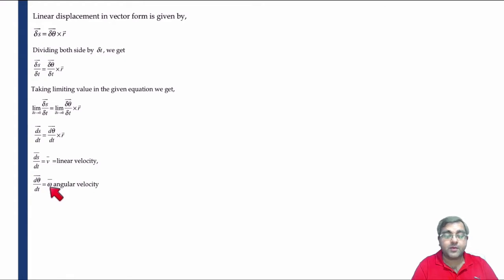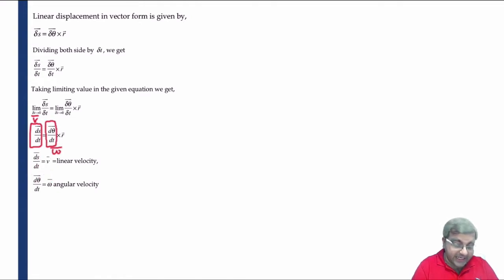Similarly for omega bar, which is your angular velocity, I am going to say small change in angular displacement upon time. So d theta bar by dt is equal to what? Omega bar. So instead of this entire derivative, I can use v bar, because v bar is nothing but dS bar by dt, a very small change in linear displacement with respect to time.